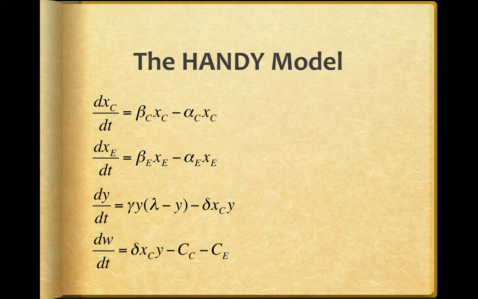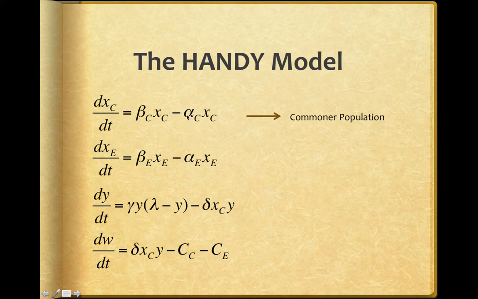So first, the commoner population. If you look at the dynamics, it has a growth of population that is proportional to the population, and this coefficient beta would be essentially a growth rate. Then it has a death of commoner population, which is driven by a decay rate or death rate of commoners.